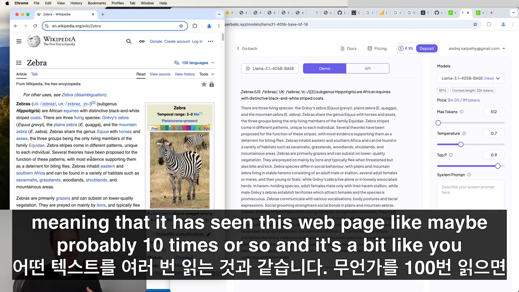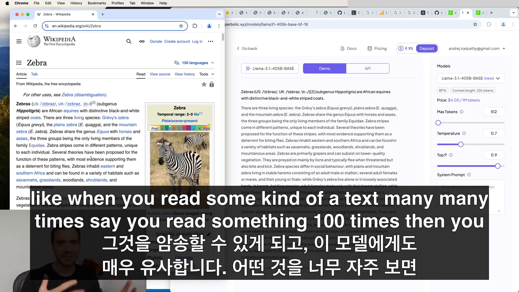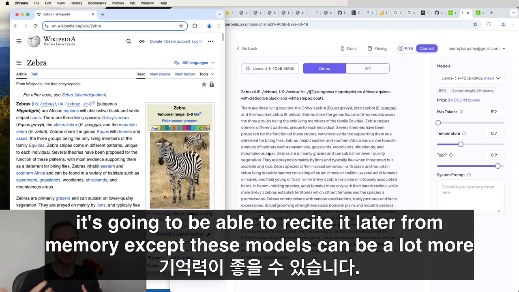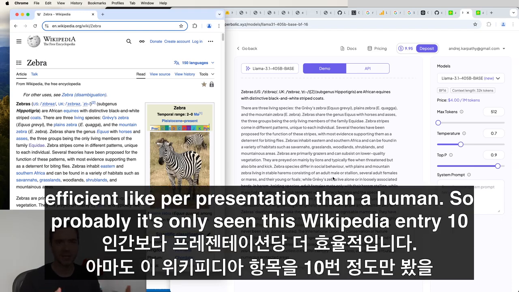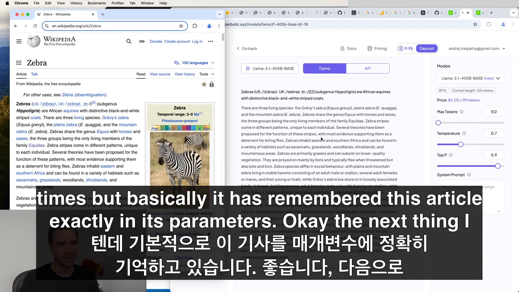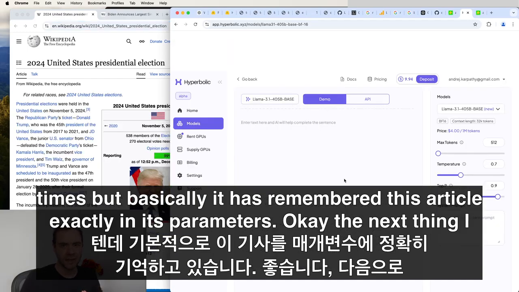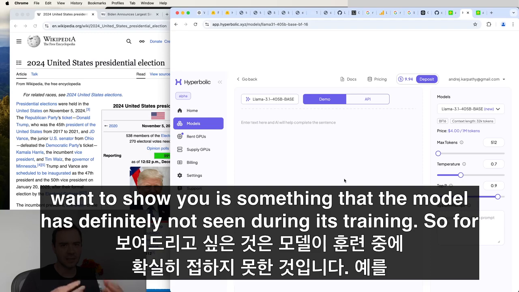It's a bit like when you read some text many, many times, say you read something 100 times, then you'll be able to recite it. It's very similar for this model. If it sees something way too often, it's going to be able to recite it later from memory. Except these models can be a lot more efficient per presentation than a human. So probably it's only seen this Wikipedia entry 10 times, but basically it has remembered this article exactly in its parameters.